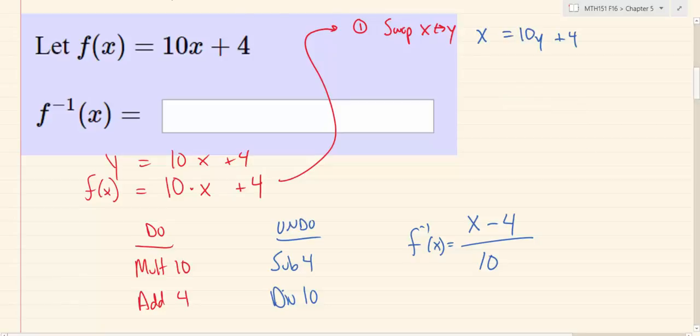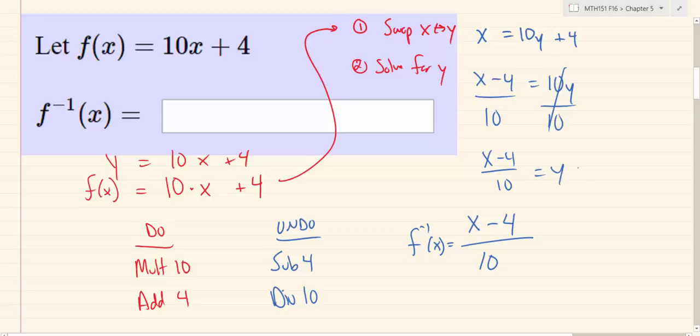Then your second step is to solve for y. So how would we solve x equals 10y plus 4? Our first move, subtract 4 from both sides, divide everything by 10, and you get (x minus 4) divided by 10 equals y, which is that function right there.